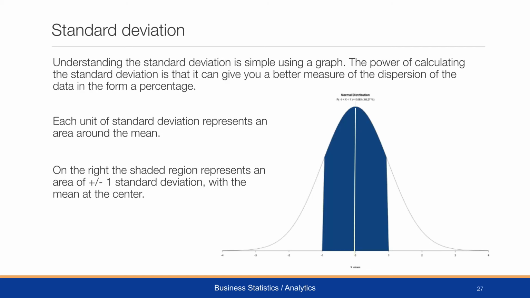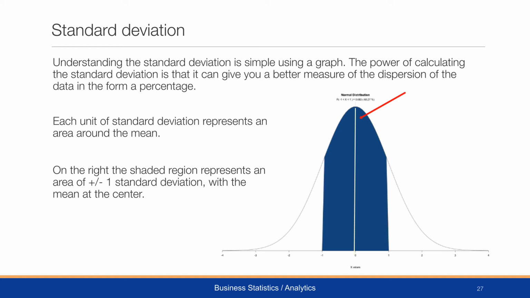Now, understanding the standard deviation and why it's important is very simple if we use a graph. The power of calculating the standard deviation is that it can give you a better measure of the dispersion in the form of kind of like a percentage or some index value. Each unit of the standard deviation represents an area around the mean. So this yellow center line here is the mean.